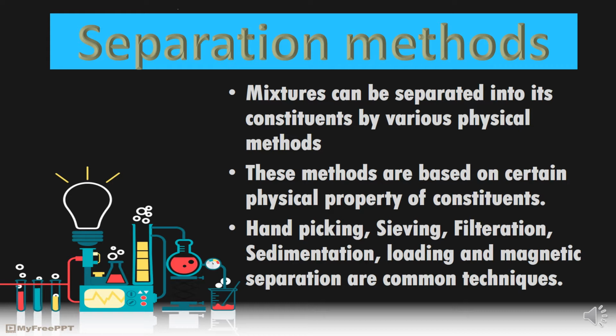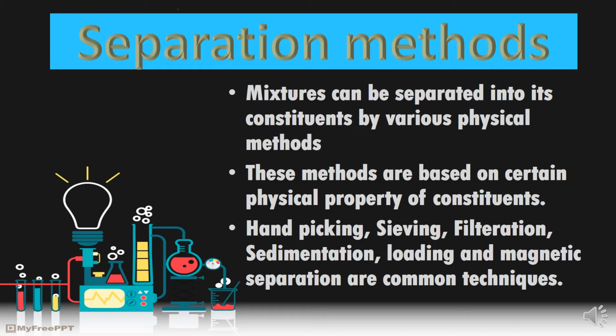And commonly used methods you have already done in lower classes. If two substances in solid state are mixed together and the particles are of large size, then hand picking can be used, sieving can also be used, filtration can be done to separate an insoluble component from a liquid mixture, and sedimentation can be done for suspensions in which the particles settle down.